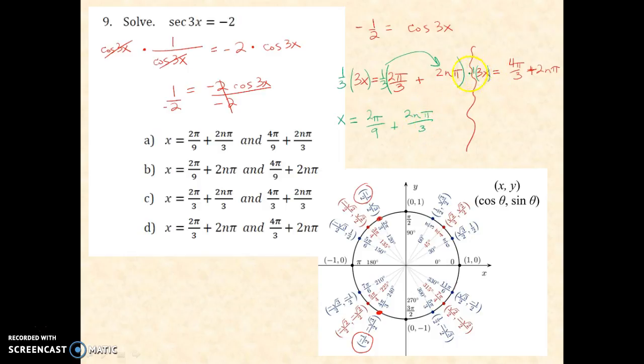Then here, when I multiply by 1/3, I get x equals 4 pi over 9 plus 2n pi over 3. So let's see. That looks like A. 2 pi over 9 plus 2n pi over 3, 4 pi over 9 plus 2n pi over 3. So that's got to be A.